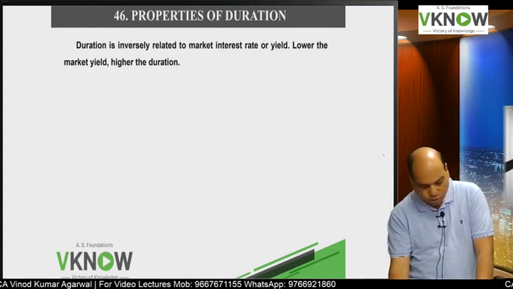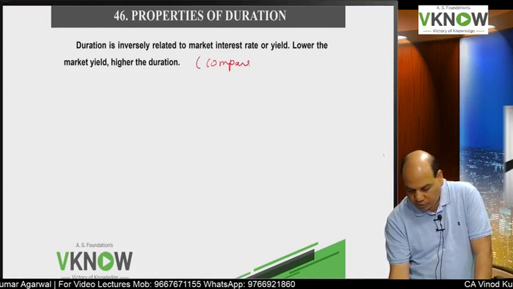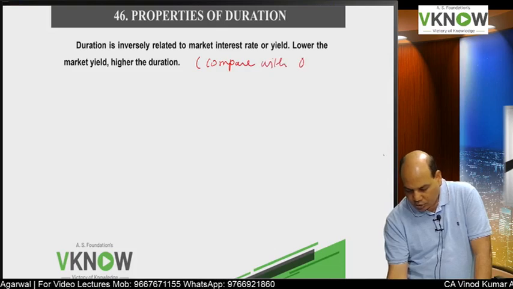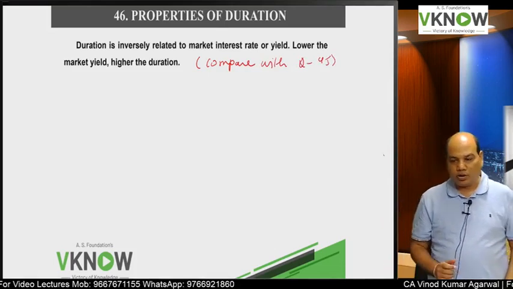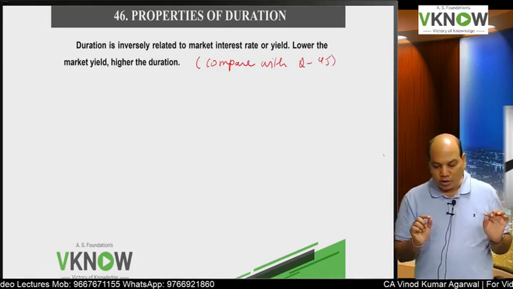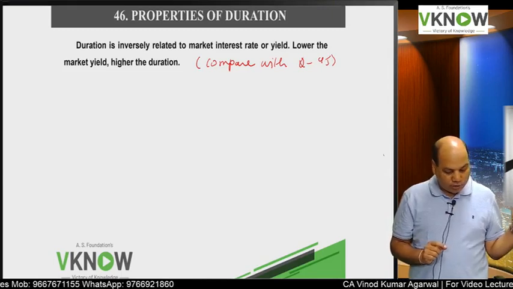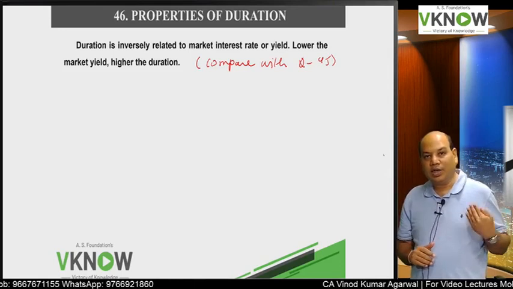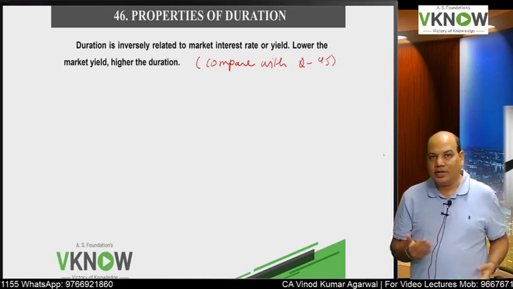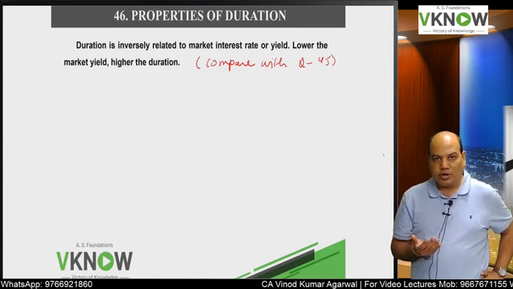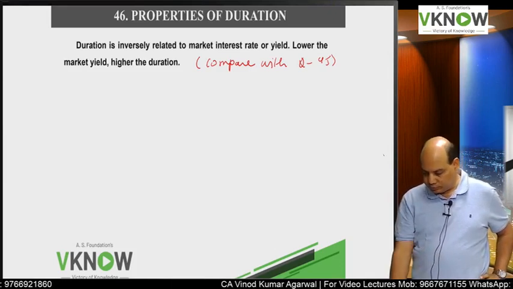We are going to compare this with question number 45, because all factors are the same except the YTM, which I used as 8% in question 45 and have made 10% now. So what will happen? If you use a higher discount rate, your present value will fall, and your duration will fall.